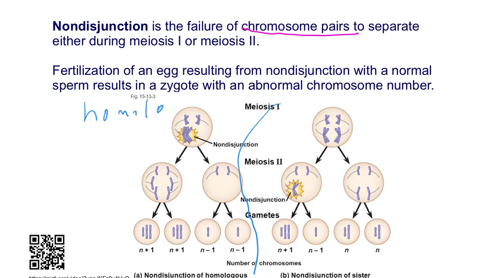The homologs, that's a short version, an abbreviation, a single word for homologous chromosomes. Some homologs don't separate at anaphase 1. Okay, so they don't want to say goodbye. They stick together and they go off.